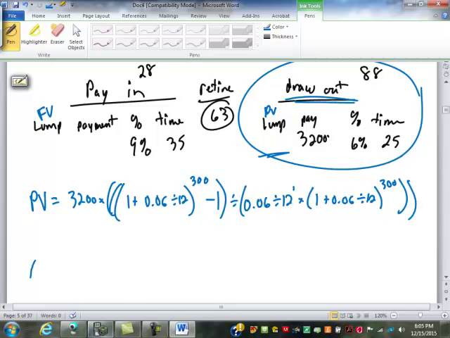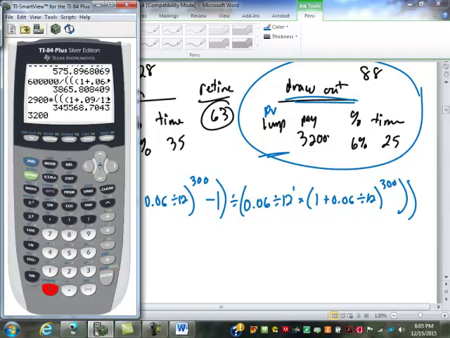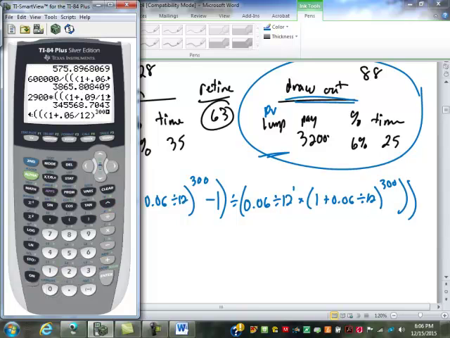Close and close. So that would give us a required lump sum of $496,661.96.